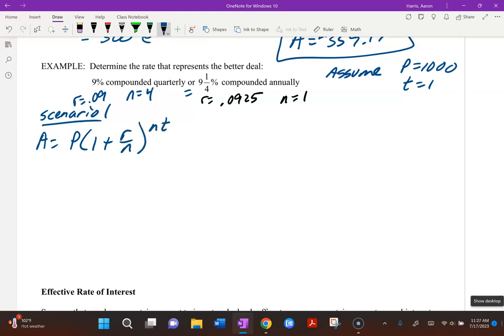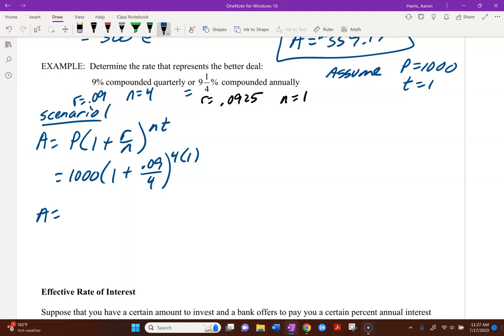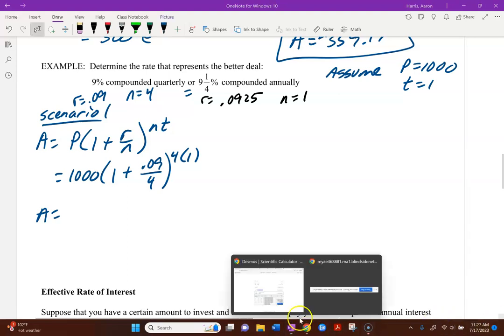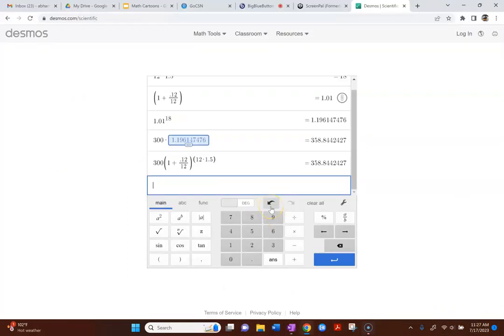This compound interest formula is when you put money in one time and you just let it sit there, right? You just let it sit there. So we're putting $1,000 in, 0.09 divided by 4 times a year. I'm doing it for 1 year, and let's see what we get. Pull it up on decimals. $1,000 in.